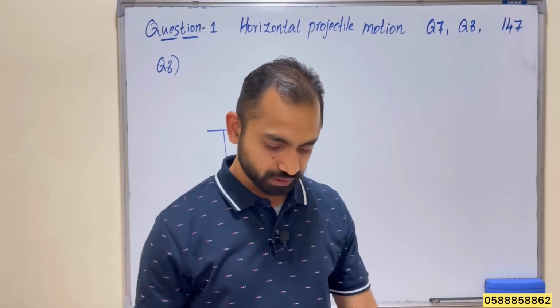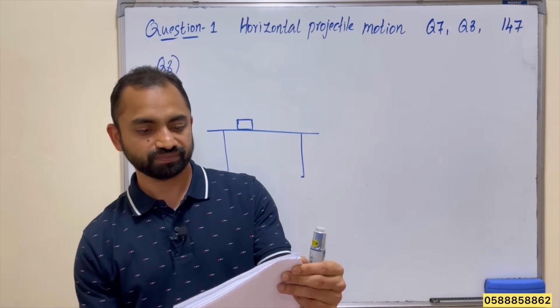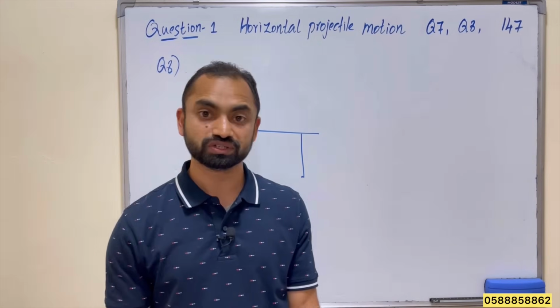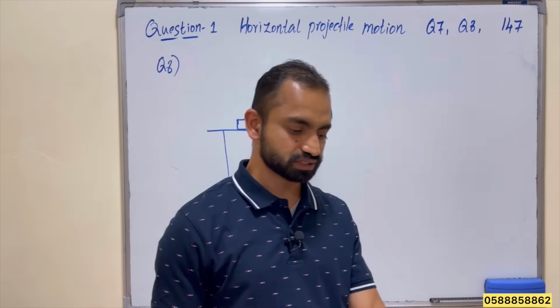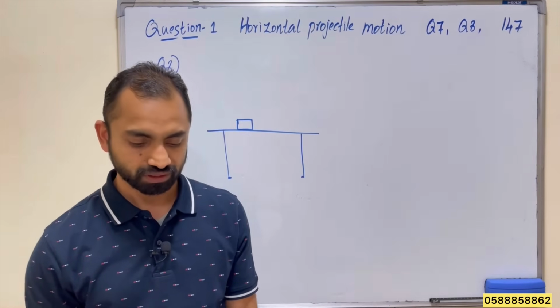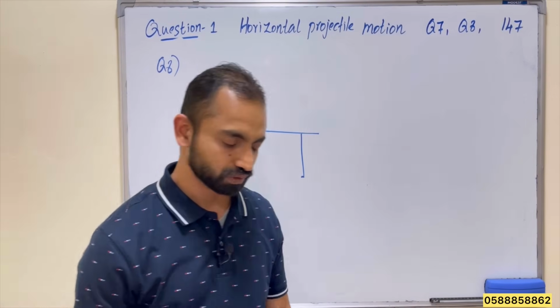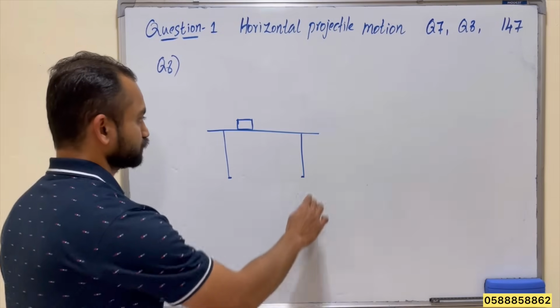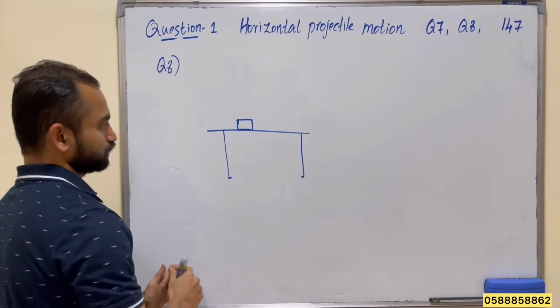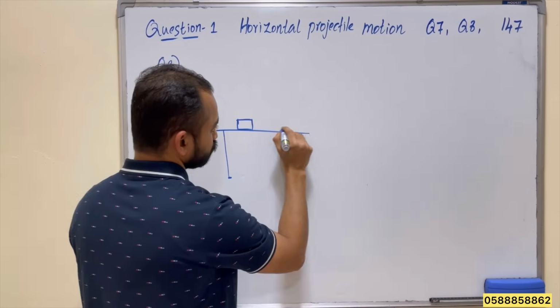Question 8, a free body diagram: an ice cube slides without friction across a table at a constant velocity. It slides off the table and lands on the floor. Draw a free body diagram of the ice cube at 2 points on the table and when it is in the air. So this ice cube will move like this and it will fall right off.